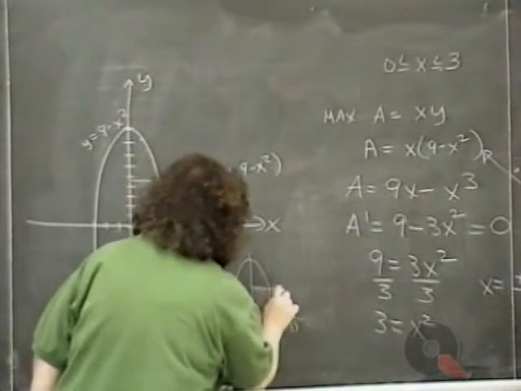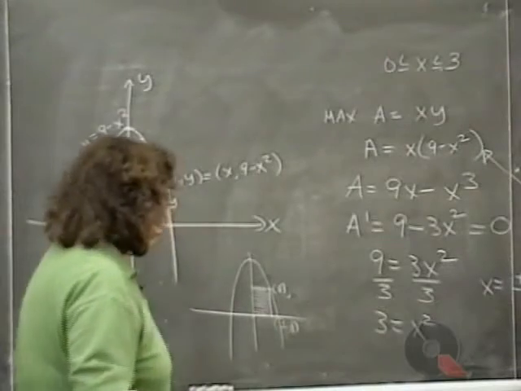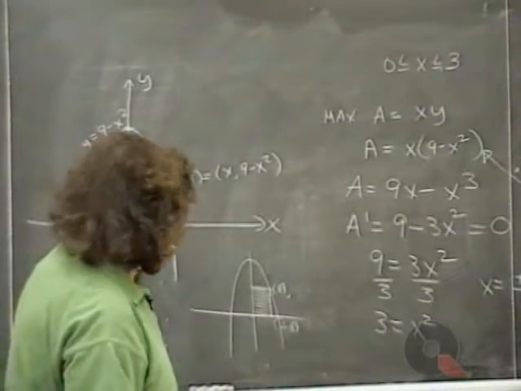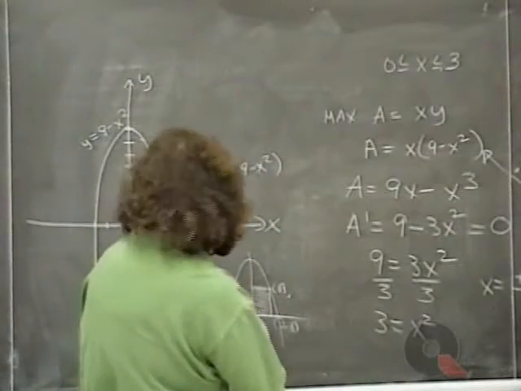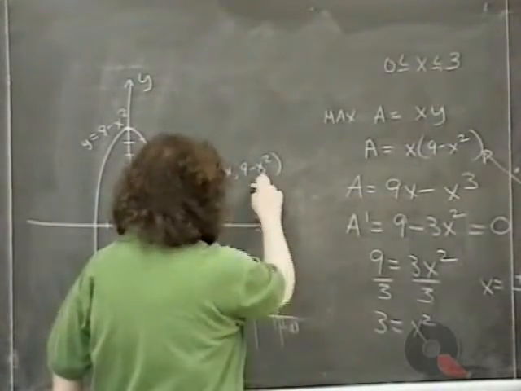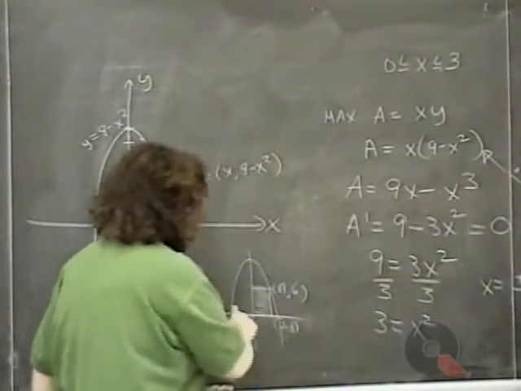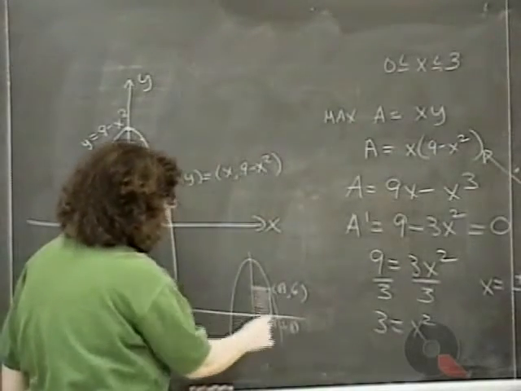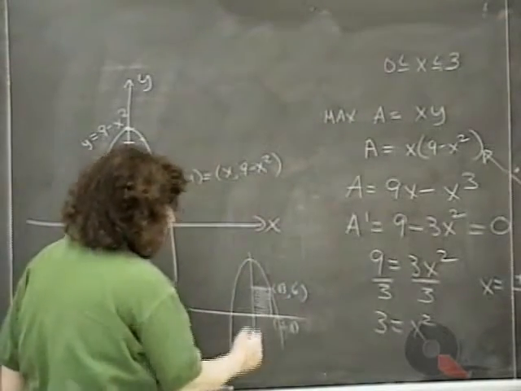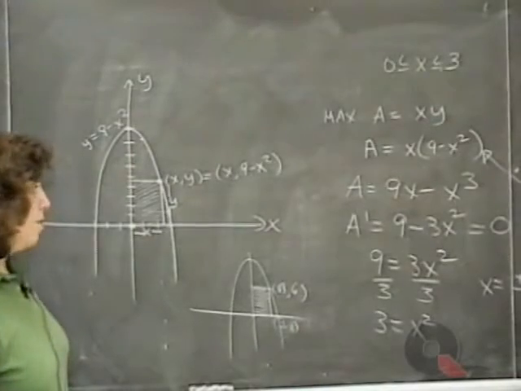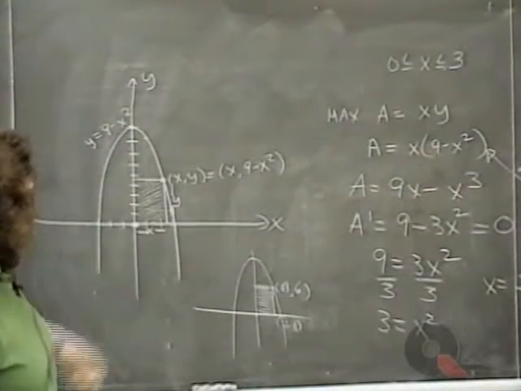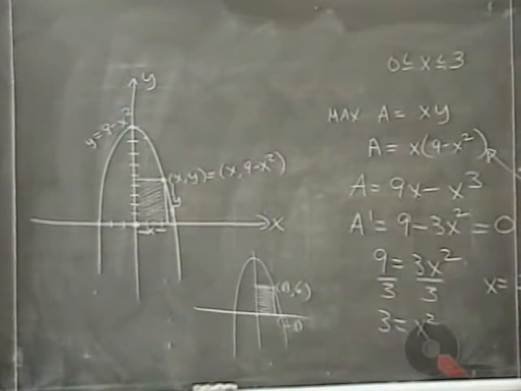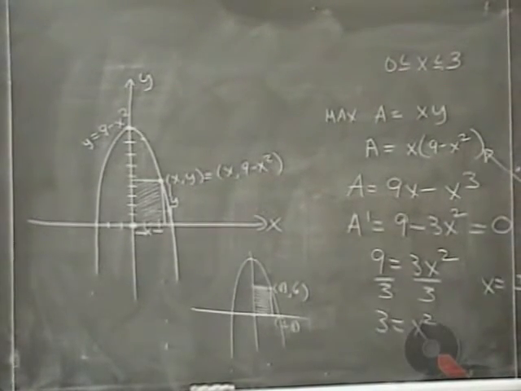This is the point, the square root of 3 over, it is up, it's not exactly drawn to scale, it is 9 minus x squared, so this is the point, the square root of 3 over, 6 up, and this is the area, 6 times the square root of 3. That would be the maximum, the rectangle of maximum area that you could construct with these restrictions. And that brings us to the end of this tape.